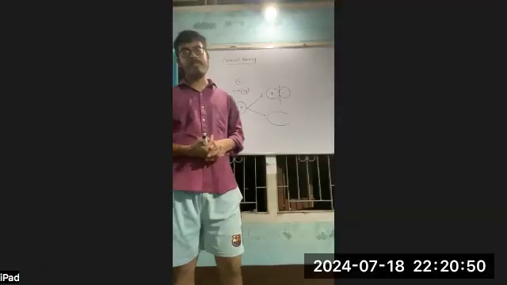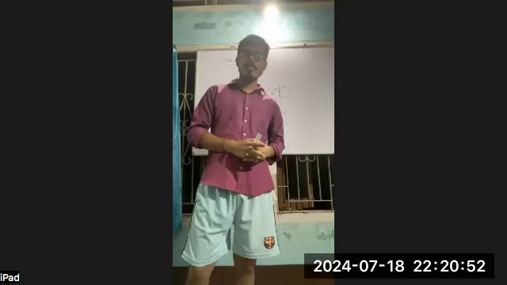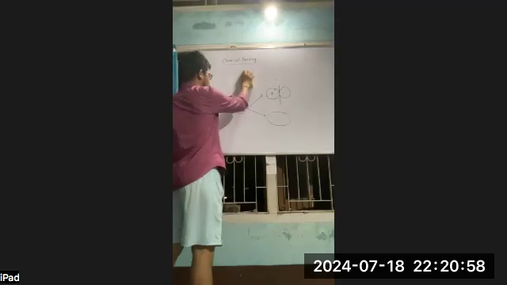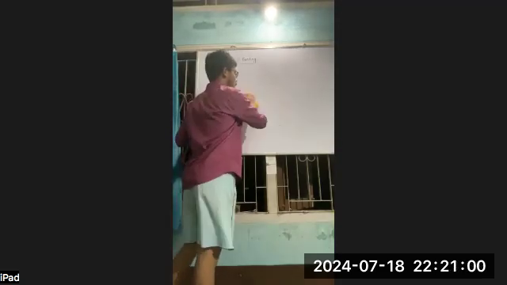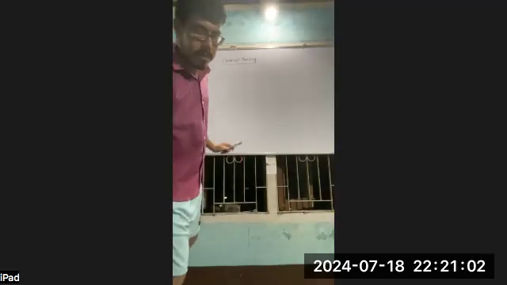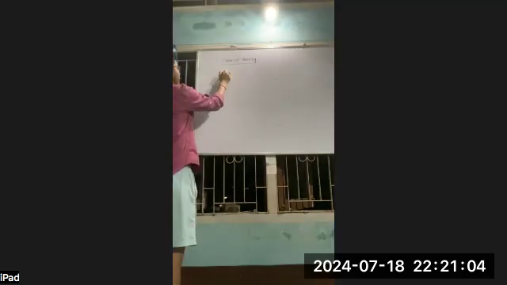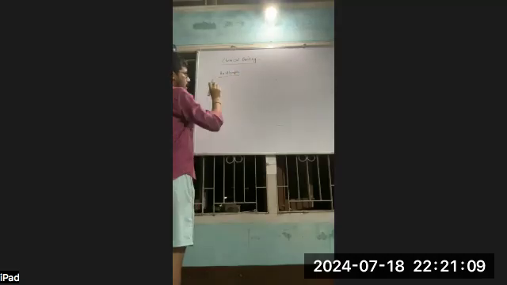Explain with example. Bond length, bond angle, bond strength, bond enthalpy, bond energy. Yes. So basically, bond length is defined as the distance between two atoms which form the bond.